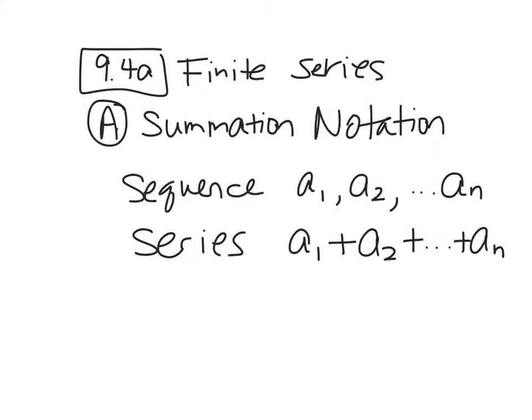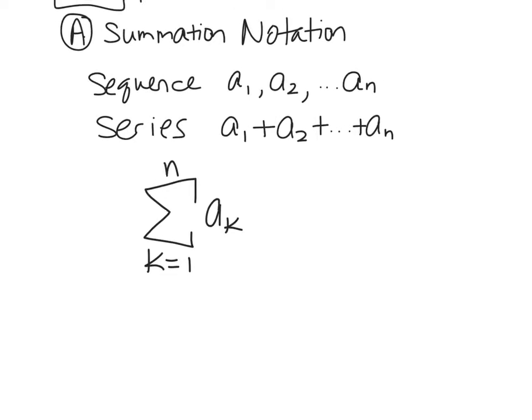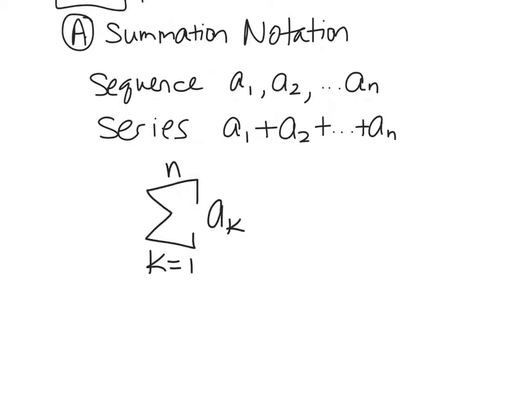And the way that we represent this is by sigma. So this is the summation notation. That's what we write. Don't shake your head at me, Sam. And this is, for example, k equals 1 to n for A sub k. It's the capital Greek letter sigma, which means sum.